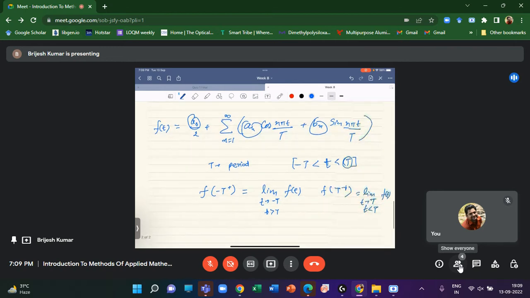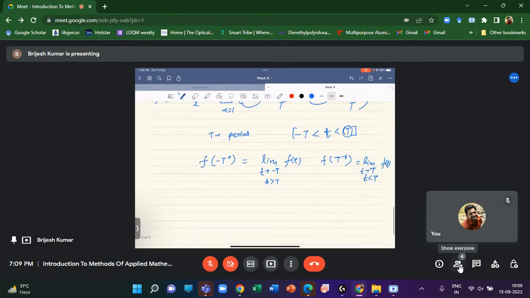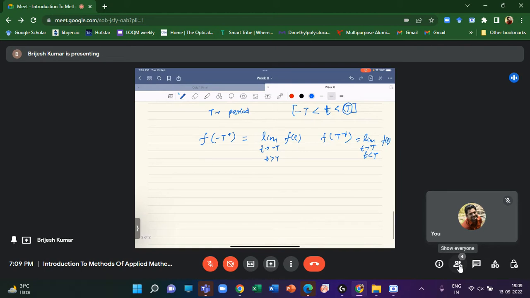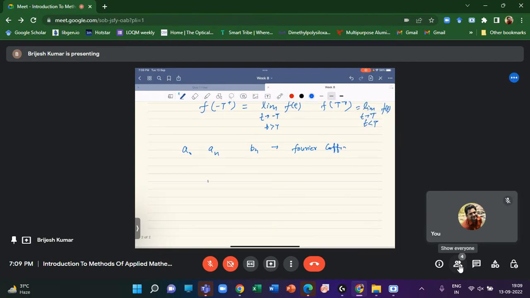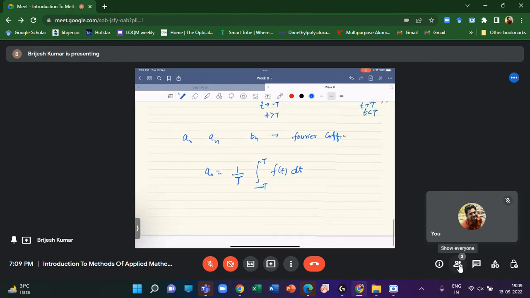Okay, so this can be defined by these a0, an and bn. These are called the Fourier coefficients, and a0 is defined as the integral from minus T to T of f(t) dt.